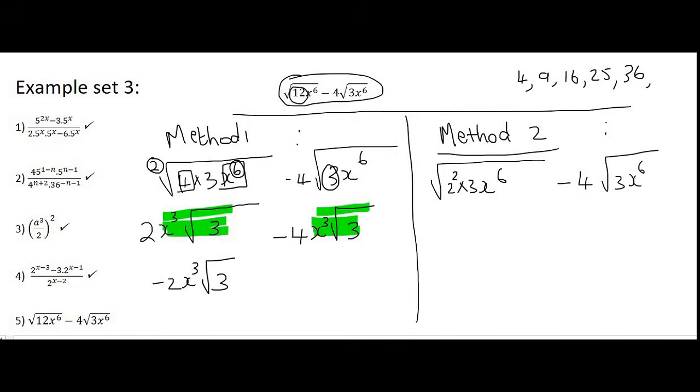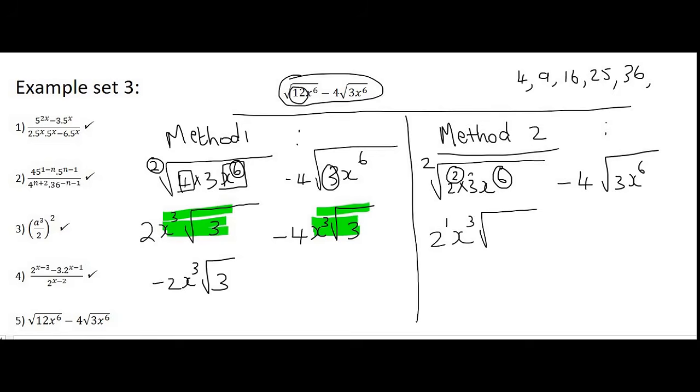Then what we do is we see that we now have an exponent over here, and we know that there's a number 2 on the outside, and so the rules of exponents say that you should take the inside number and divide it by the outside number. And so we're going to get 2 to the power of 2 divided by 2, which is 1. And then this x to the 6 once again becomes x to the power of 3.